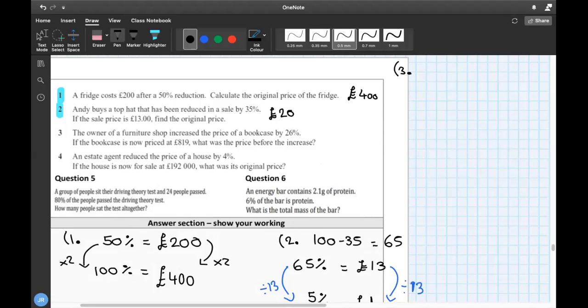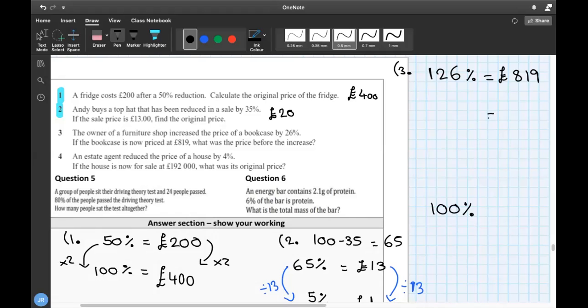We've increased by 26%. That means that our new amount will be equivalent to 126%. And that was priced at £819. And what we're trying to get down to, remember, is 100%.